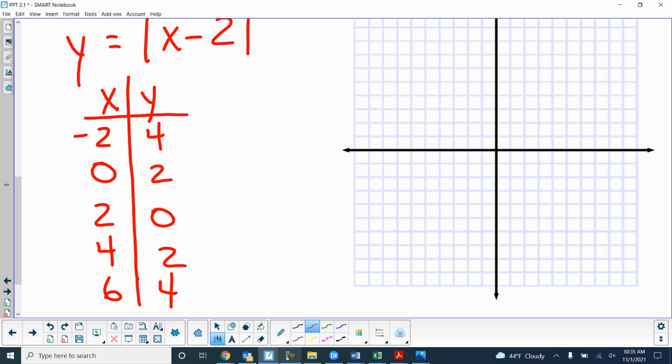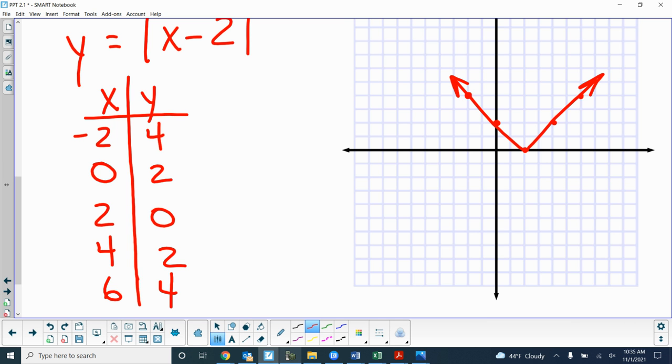Negative 2, 4. 0, 2. 2, 0. 4, 2. 6, 4. All right. So it looks similar to a parabola, but it's actually a V. Absolute values are V's, or upside down V's.